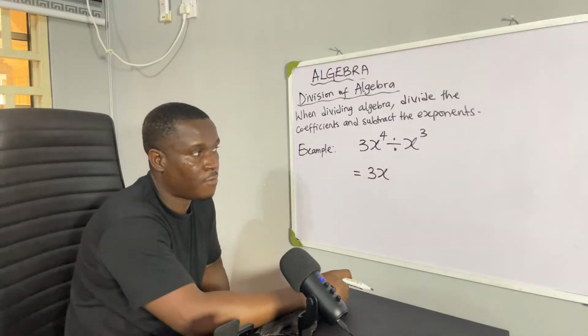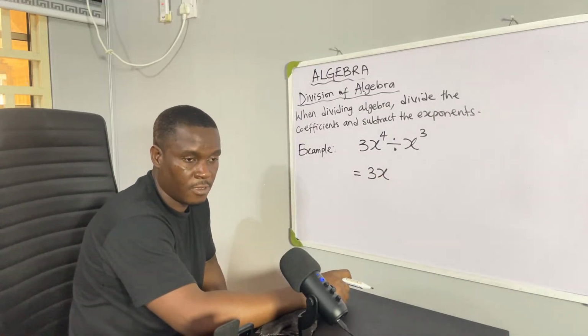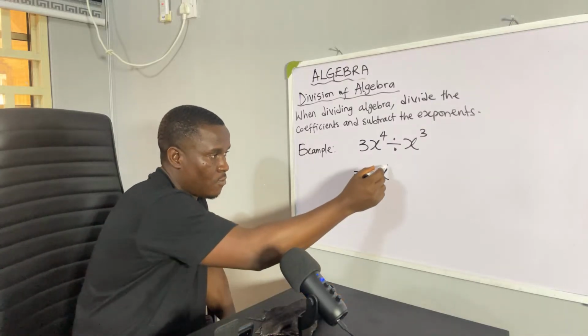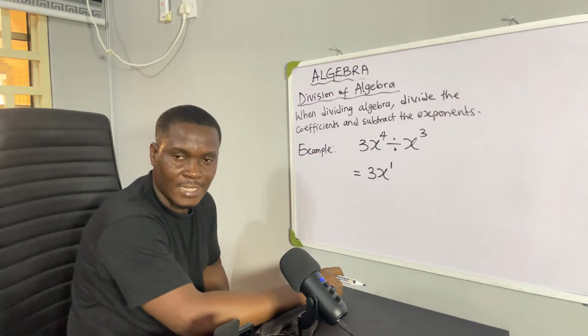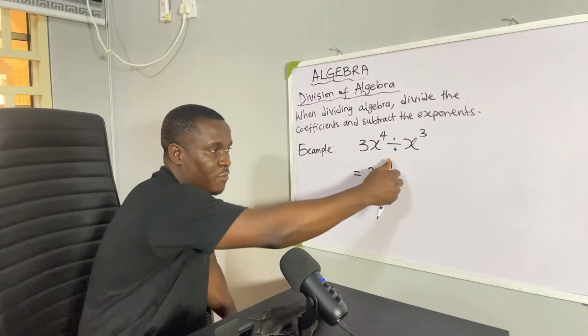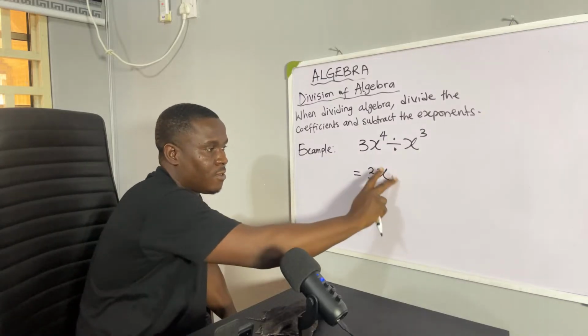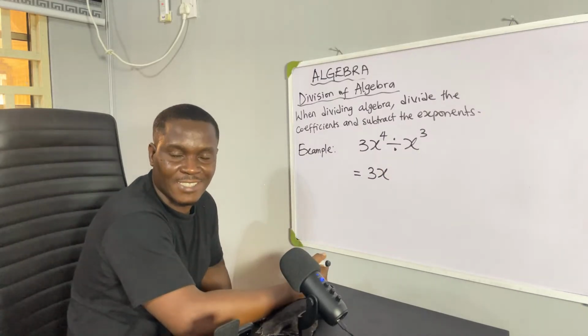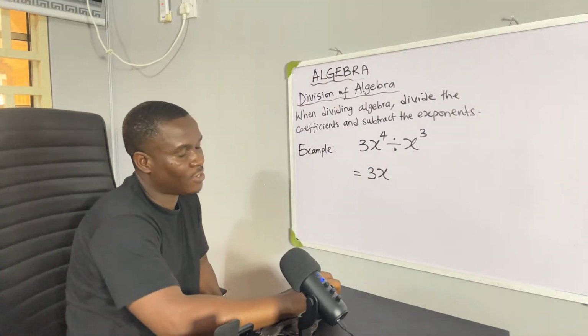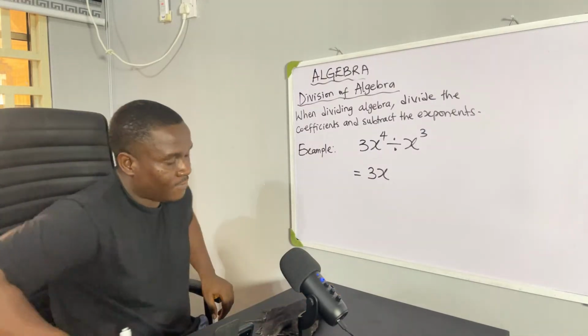The exponents are 4 and 3. 4 minus 3? 1. That's as an amateur, but as a professional, you don't need to write it. So the answer is 3x.